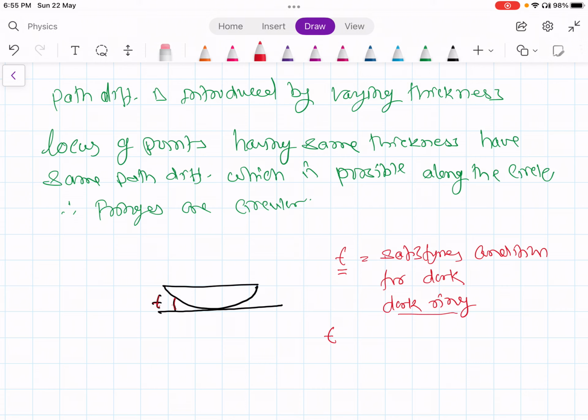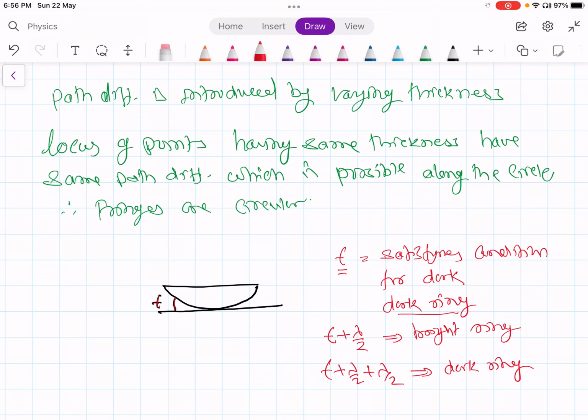We are assuming that at T we get dark ring. Then as the thickness changes by lambda by 2, we will get bright ring. And further, if the thickness changes again by lambda by 2, then we will get dark ring. So as the thickness changes, we get alternate dark and bright rings.